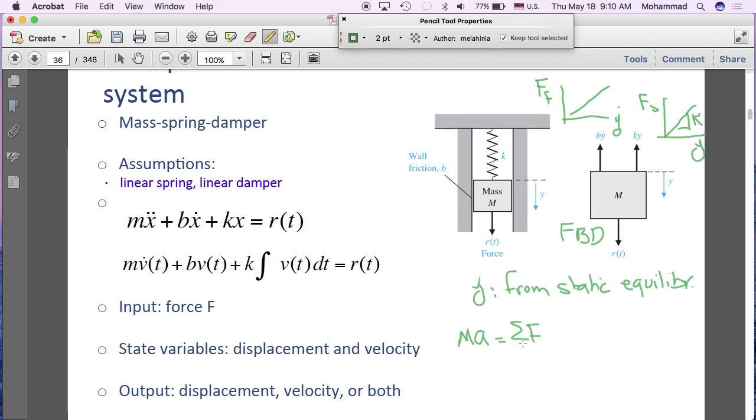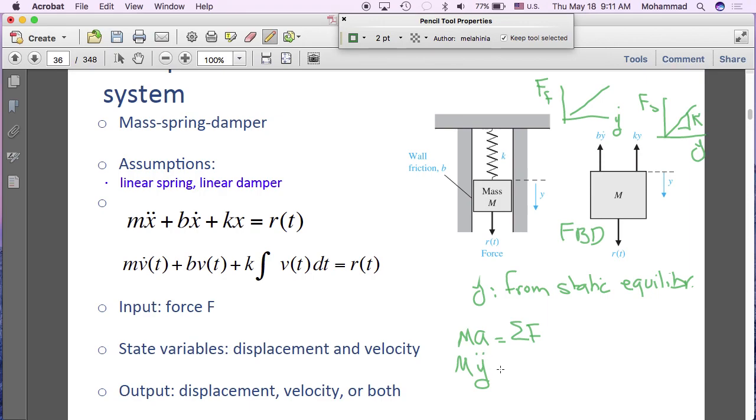Now, the assumption we have is that this mass only moves in the y direction. So the acceleration, therefore, would be also in the y direction. What is the acceleration in y direction? The acceleration in y direction simply is y double dot. Y is displacement, y dot is velocity, y double dot is acceleration.